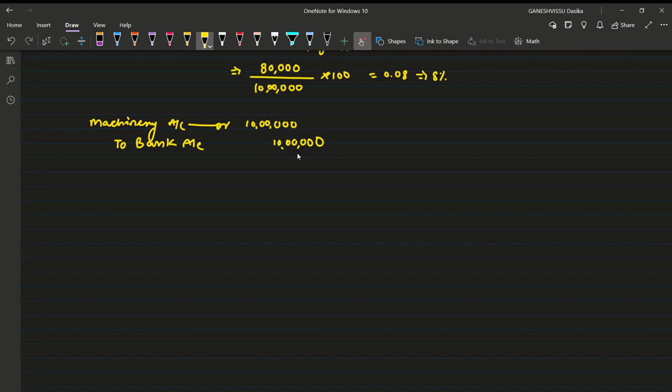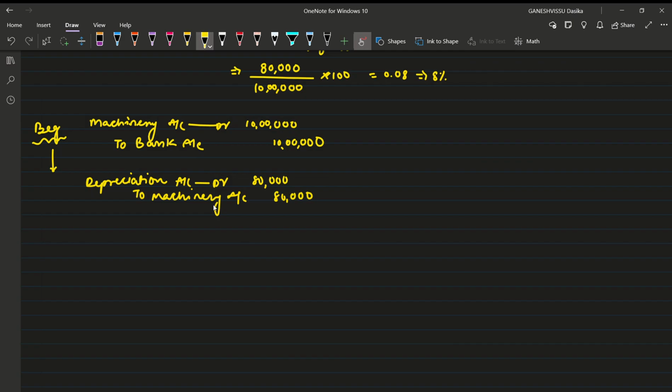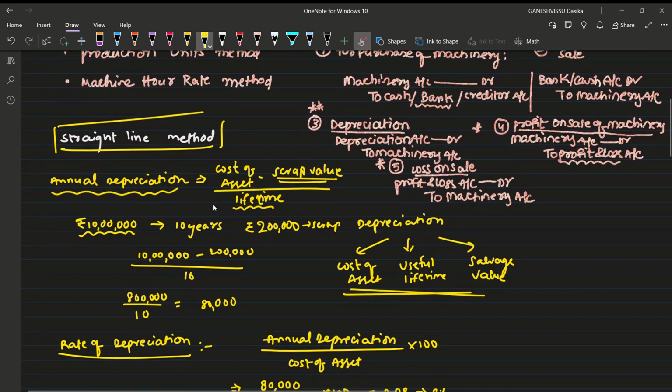And for charging depreciation, this is at the beginning of the year. At the beginning of the year it has been purchased, and after 1 year we are going to charge the depreciation. Depreciation account debit to machinery account, for 80,000 rupees we are going to decrease from the machinery. Okay, this is the entry for depreciation. So in this manner the straight line method is applicable.